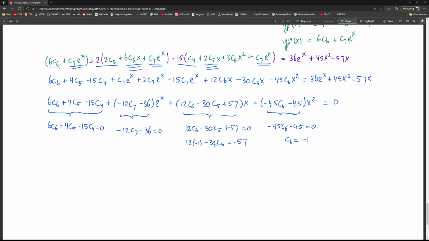Add 12 to both sides and we get negative 30c5 equals negative 45. And then divide both sides by negative 30, and we get c5 equals 3 over 2.